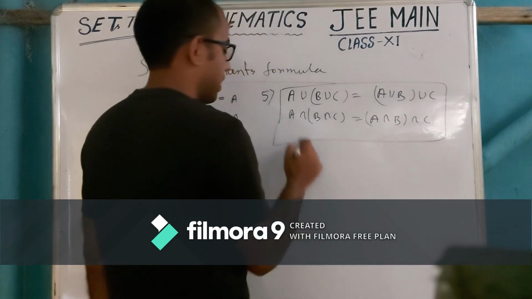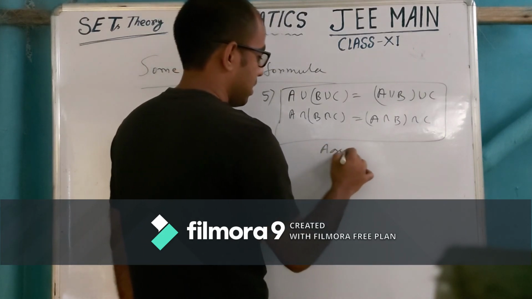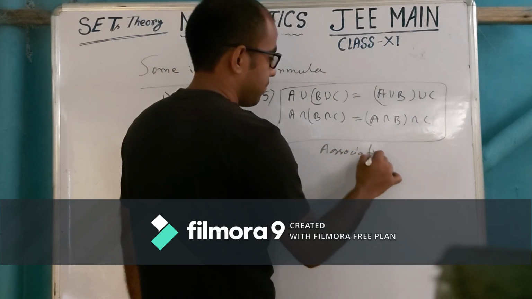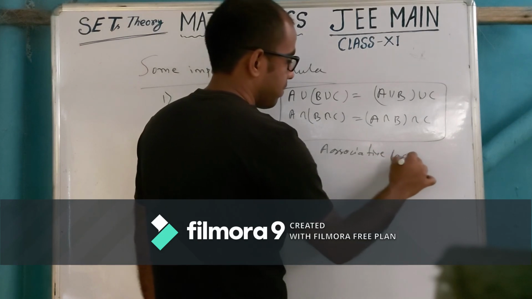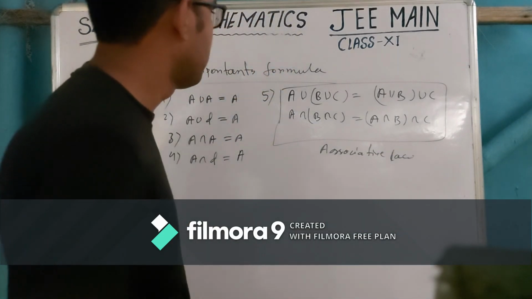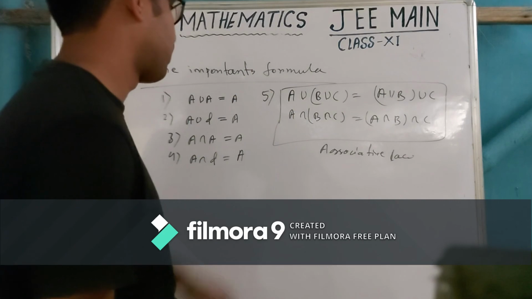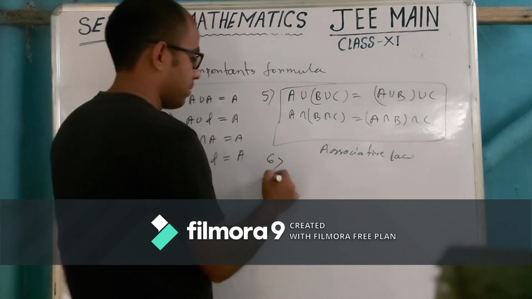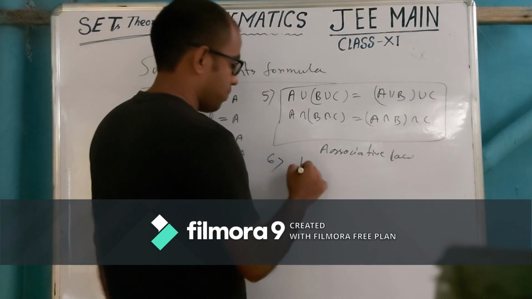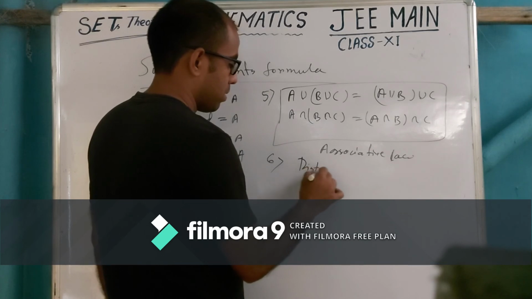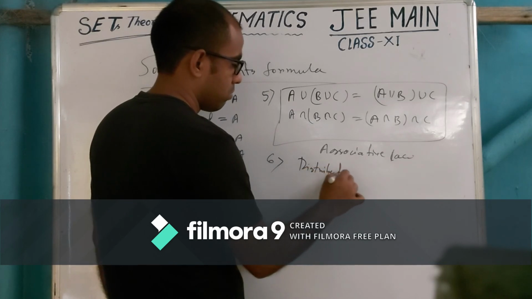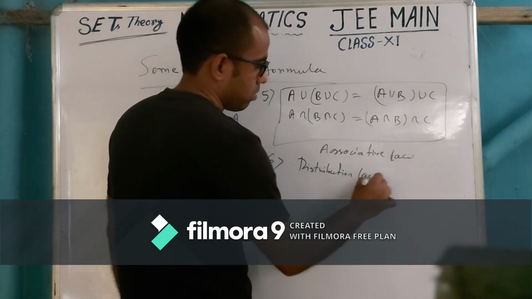Here you see the associative law property. Next we define the distributive law. Distributive law, this is very important.